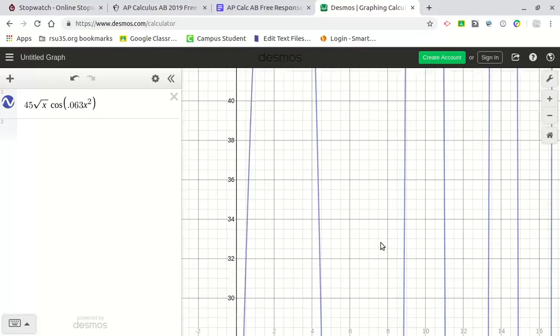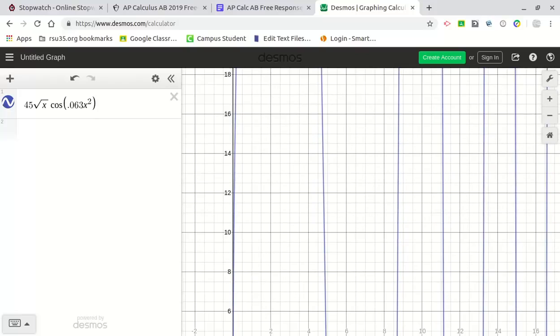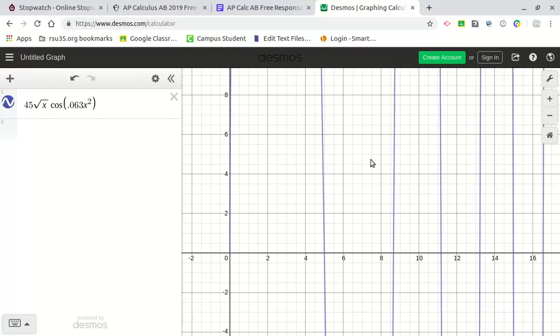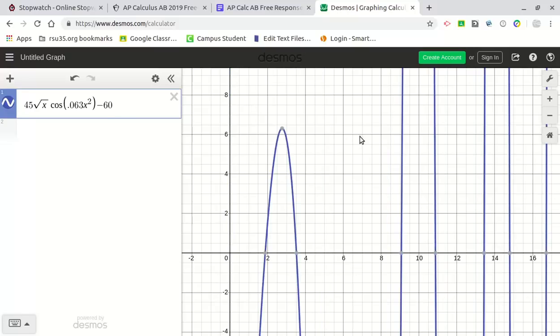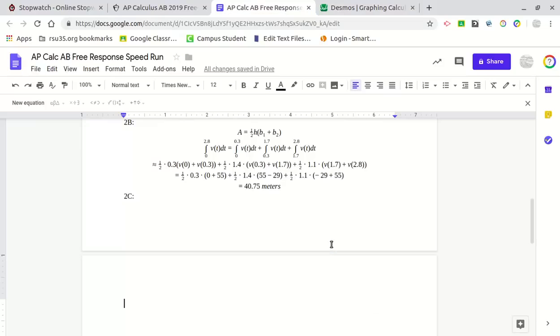Actually, because this doesn't have a window, the easiest way to figure out when it's over 60 is to subtract 60 and then figure out when it's positive. So you can kind of see it's positive between these two intervals. So that means the velocity of Q is over 60 between 1.866 and 3.519.